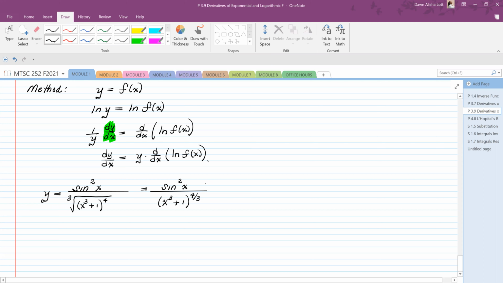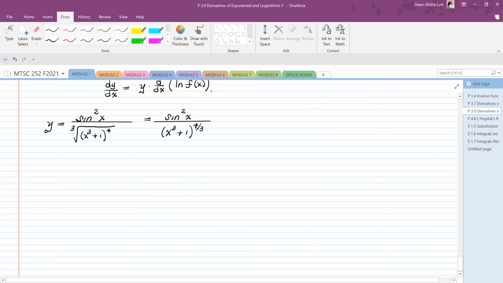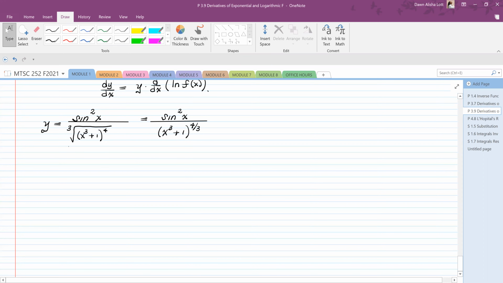Now we could do the chain rule on the quotient rule and chain rule, but it's pretty nasty. So what I'm going to do is take the log of y. So let's remember what y is. Let's take the log of y. So it's the log of the sine squared of x divided by x cubed plus 1 to the 4 thirds power.